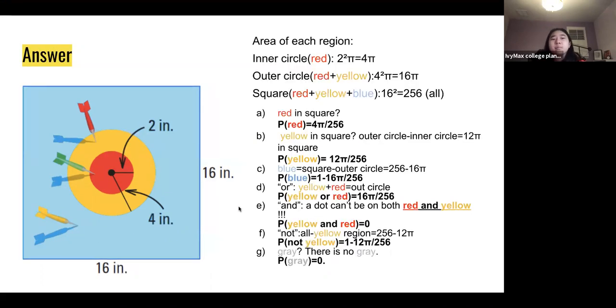So the probability will be 0 because that is impossible. Yeah, and make sure you write down the notes if you want on how you solve that problem.